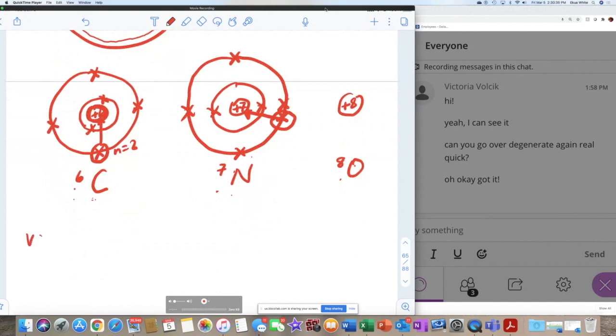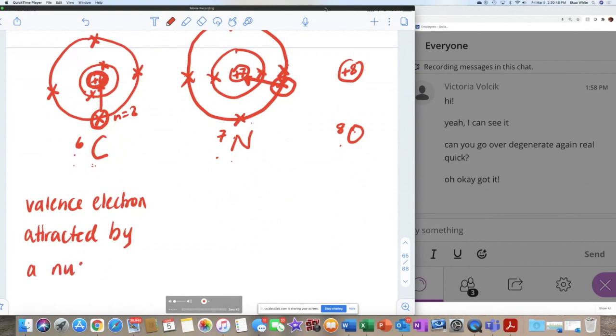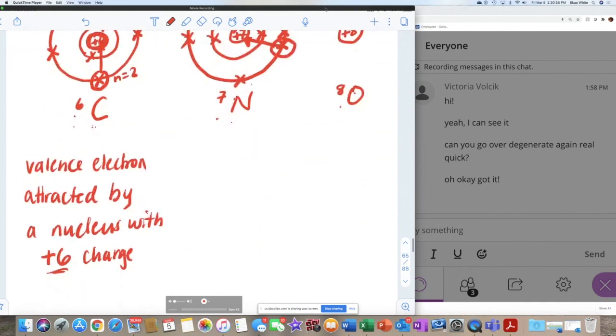So this one here, valence electron attracted by a nucleus with plus 6 charge. Okay, this is pretty strong. Plus 6 is strong.